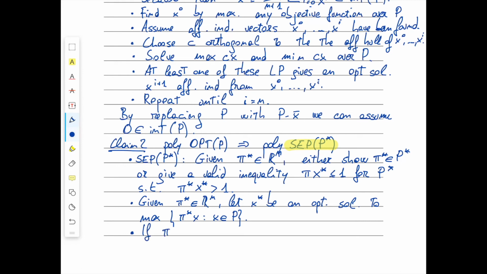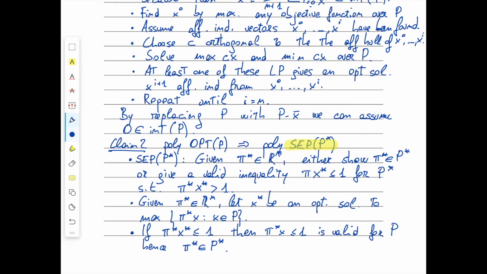If pi star x star is less than or equal to 1, then we're done, because this implies that pi star x less than or equal to 1 is indeed valid for P, which implies that pi star is in the polar. Let me write it. Then pi star x less than or equal to 1 is valid for P, hence pi star is in P star.